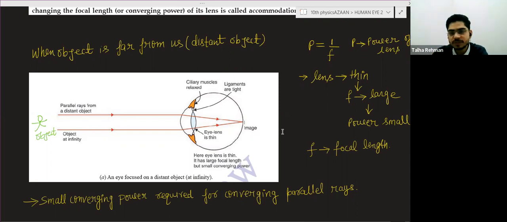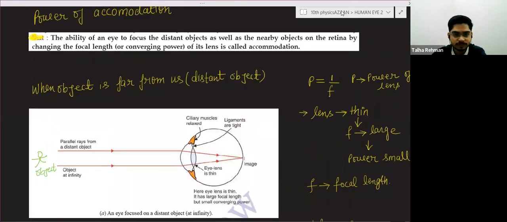This is the reason that the eye lens becomes thin, or the power of the eye lens becomes small, or the focal length of the eye lens becomes large. Why? Because light rays entering into the eye are parallel from the distant object.